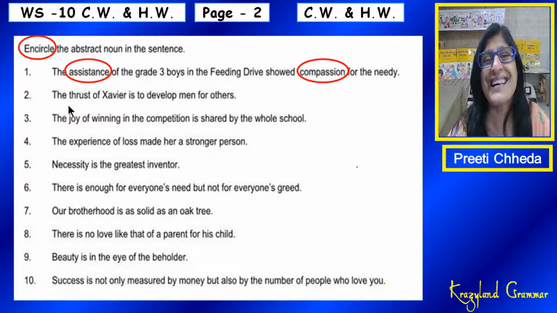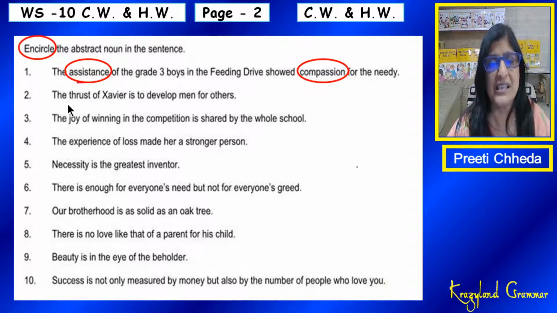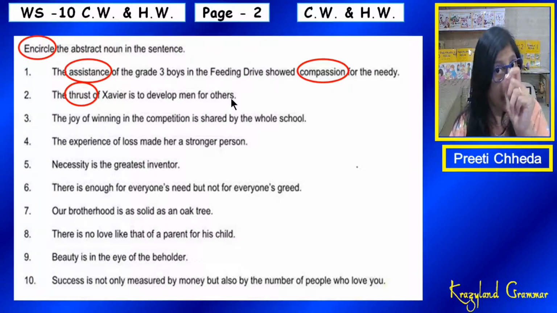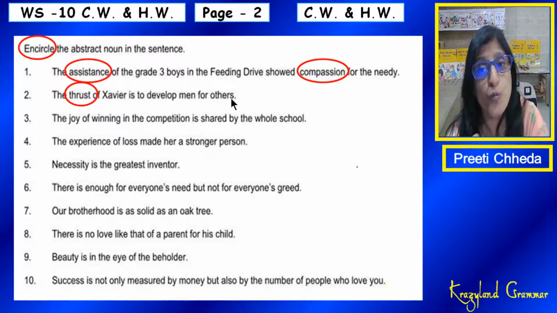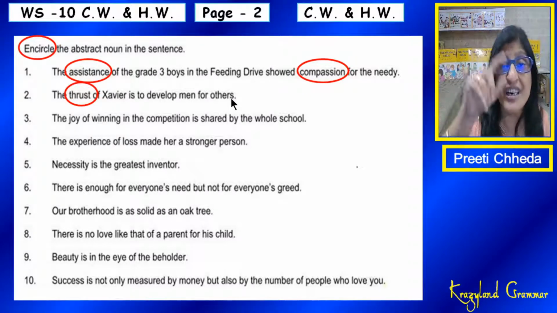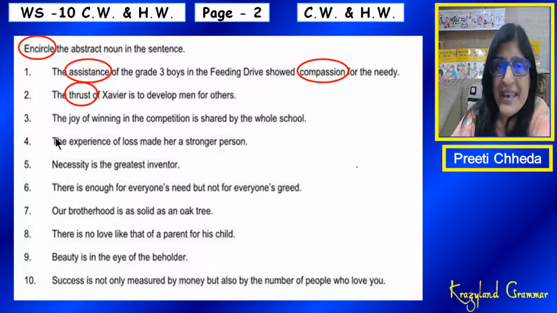Now how do we check? Word by word. The, no, thirst, yes. Thirst, yes. Of, no. Xavier, no. Is, no. To develop, no. Men for others, no. So there is only one abstract noun. And please do not underline. The instruction says you have to circle, encircle. If you underline, be careful.